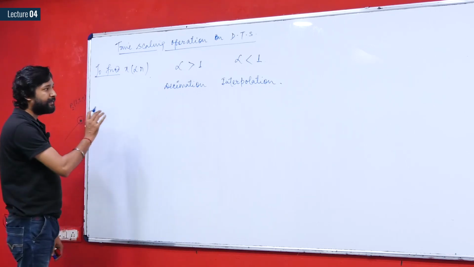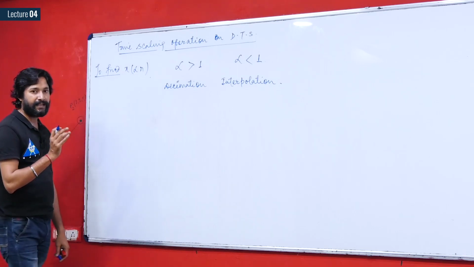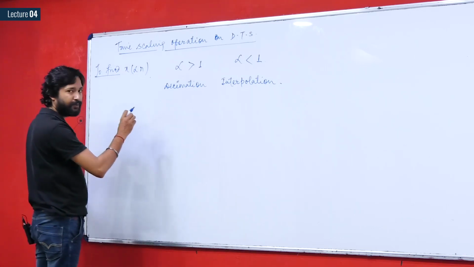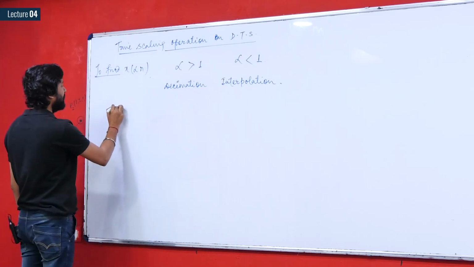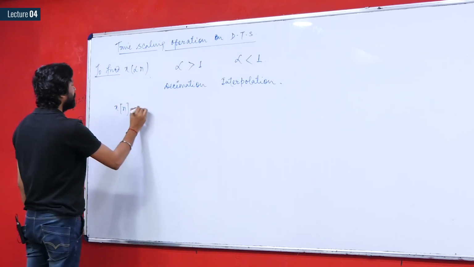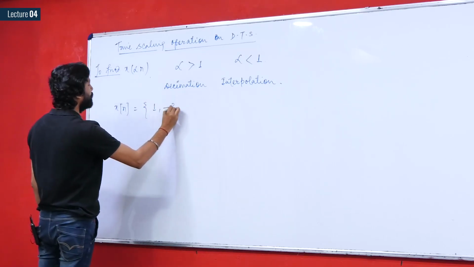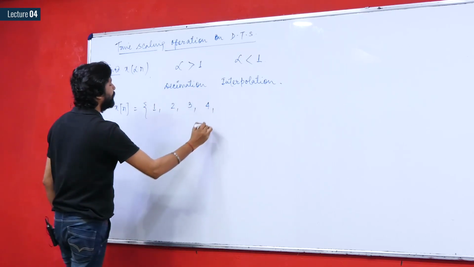But before that we must discuss the basic property that occurs whenever you perform a time scaling operation. Say we have a signal x of n equal to 1, 2, 3, 4, 5 and 6.